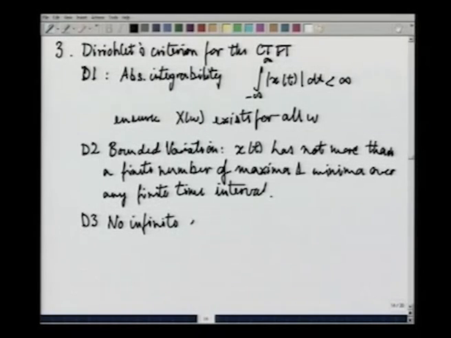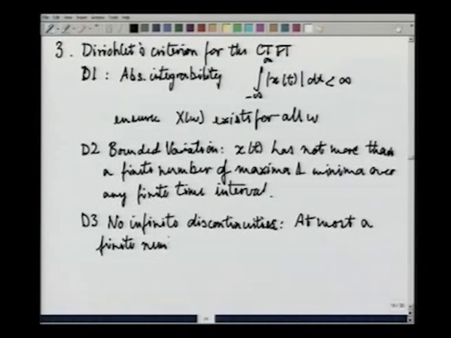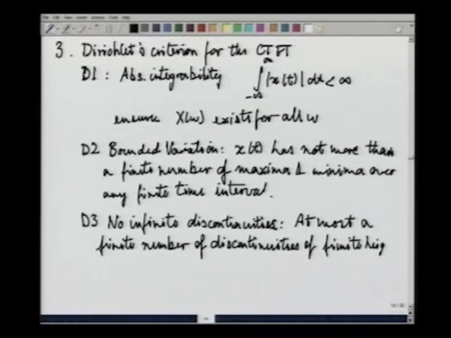So, no infinite discontinuities, and at most a finite number of discontinuities of finite height in any finite time interval.